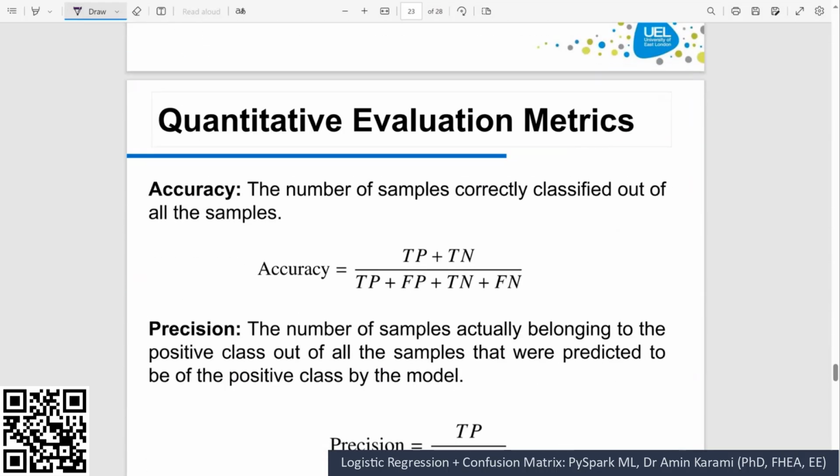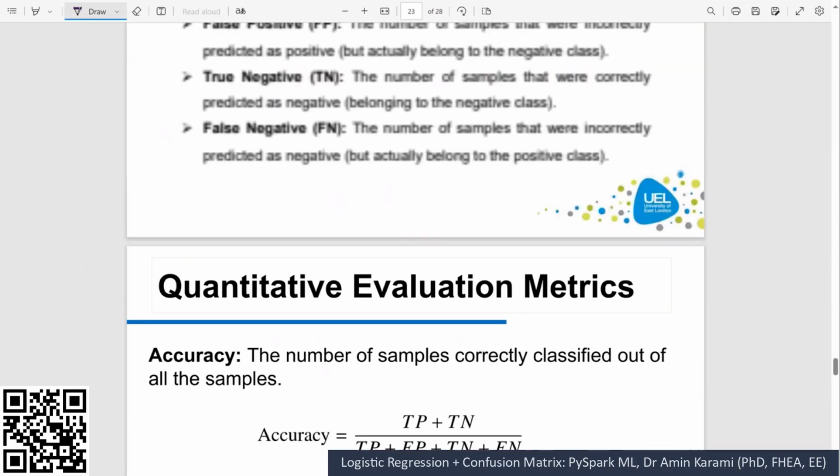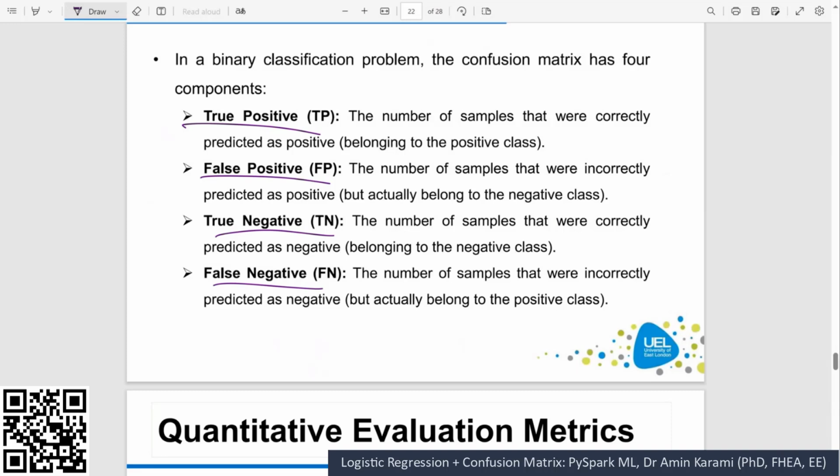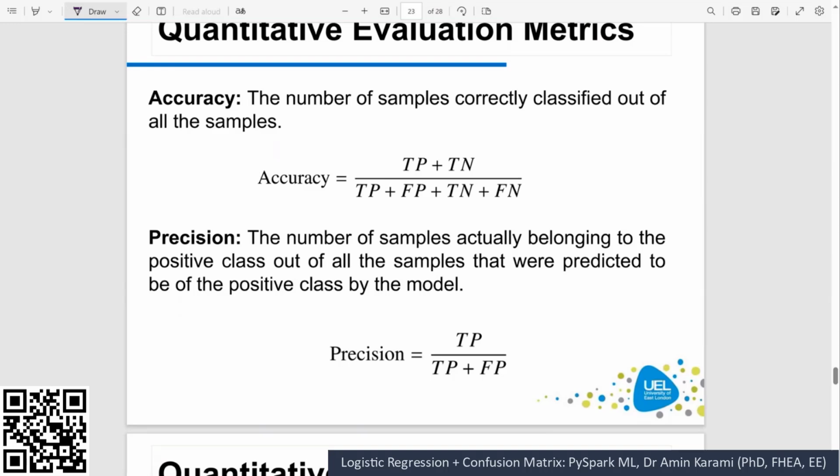So we have some additional quantitative evaluation metrics based on these 4 parameters: true positive, let's say TP, FP, TN, and FN. For instance, accuracy is going to calculate the number of correct classifications.